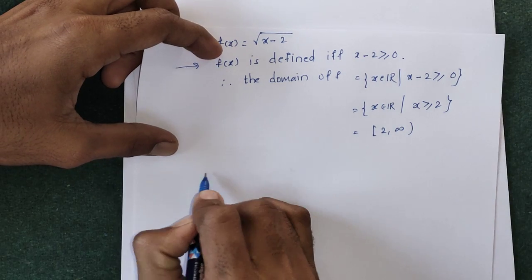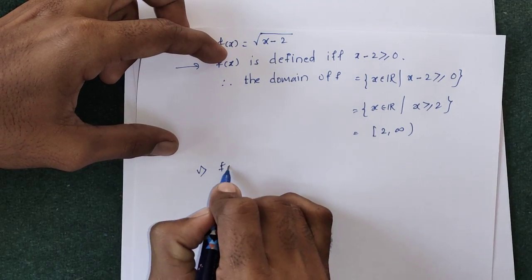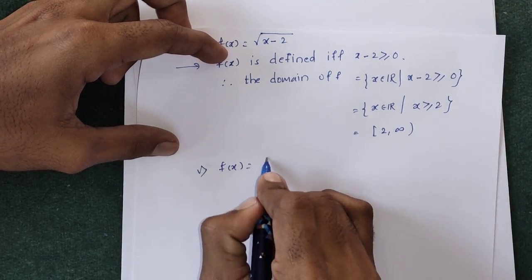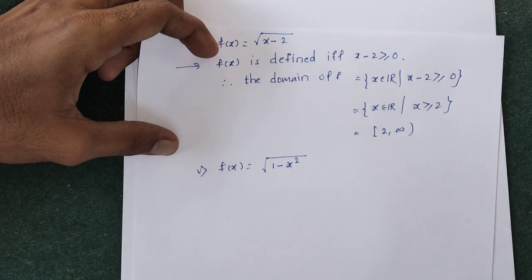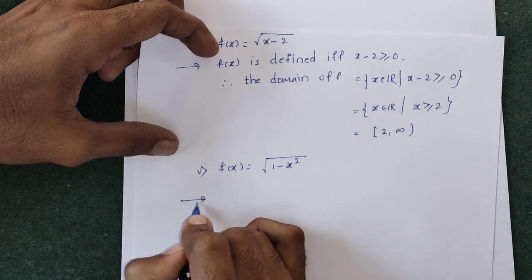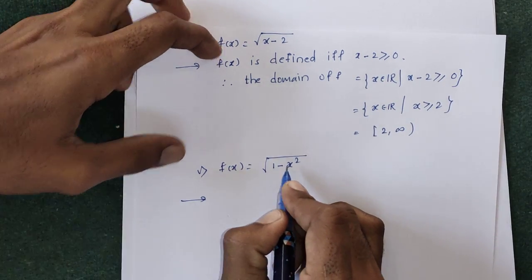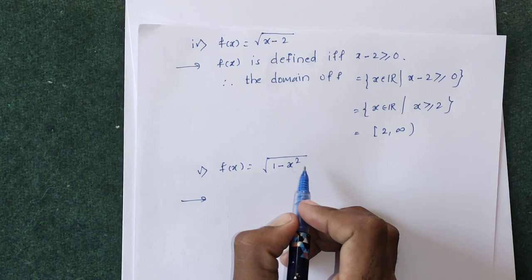Now the next similar example, f of x is equal to square root of 1 minus x square. Similarly, this function is defined if and only if 1 minus x square is greater than or equal to 0.